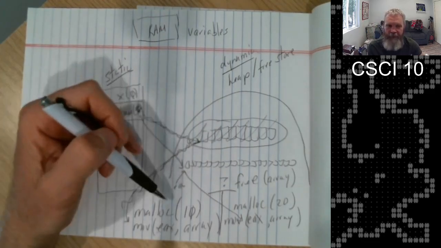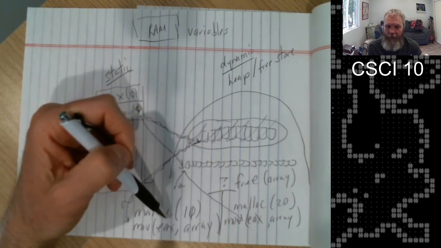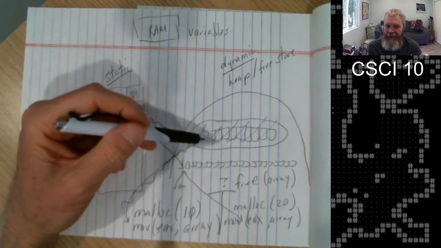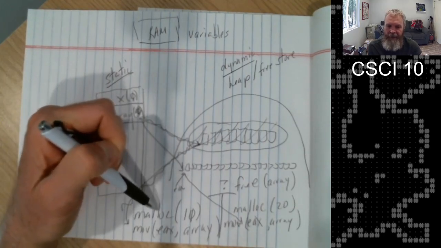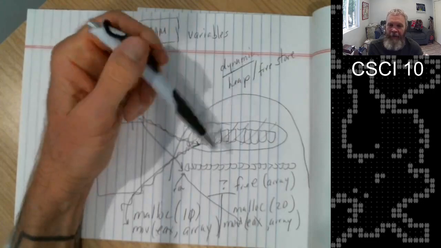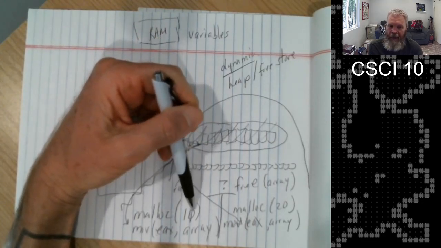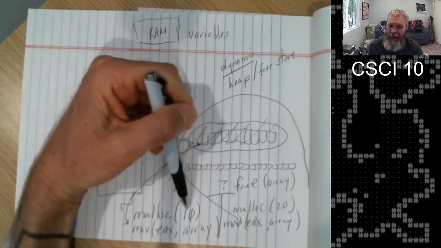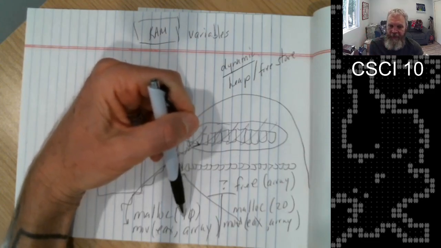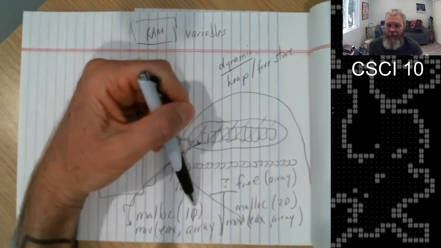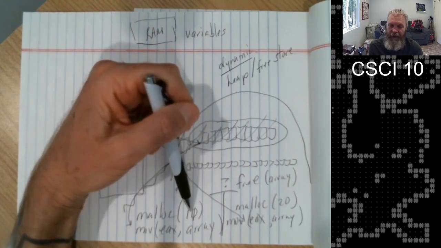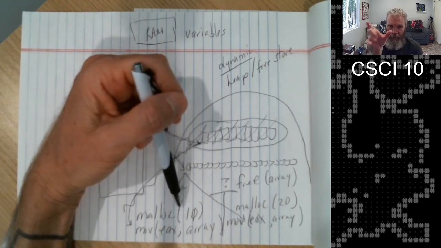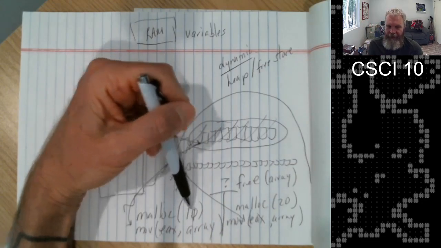That's correct. So Gersavax asked, so we can just do one malloc and allocate an entire array, and the answer is yes, you can. In fact, that's what you want, because when you do a malloc, you get all of those bytes contiguous. So that's highly desirable that it works that way. When I malloc 10 bytes, I'm guaranteed that those are all contiguous in memory, side by side by side, like an array.